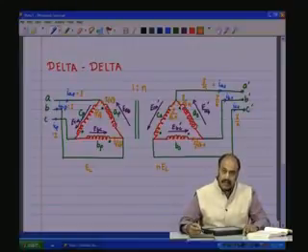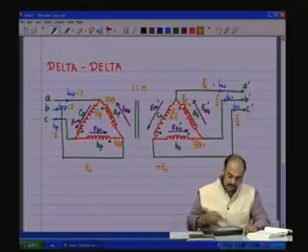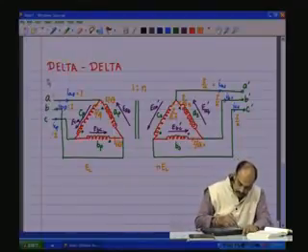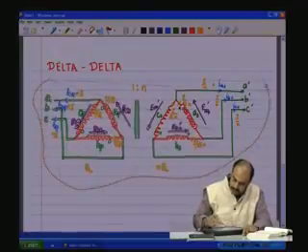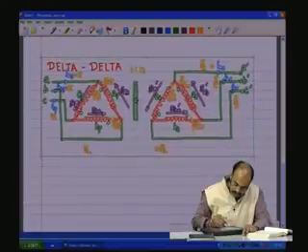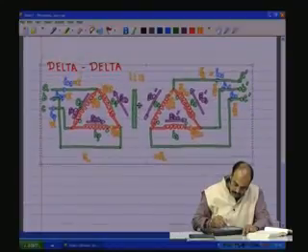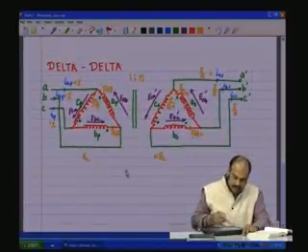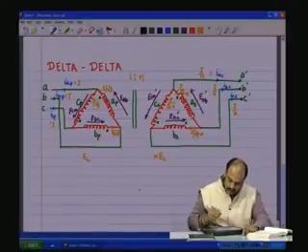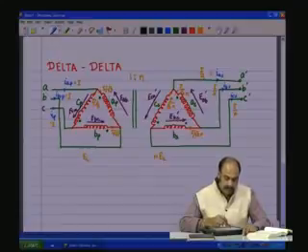So, let us look at the phasor diagram of this. Let me push this up a bit. Okay. Now, starting on the primary side, we have EAB.